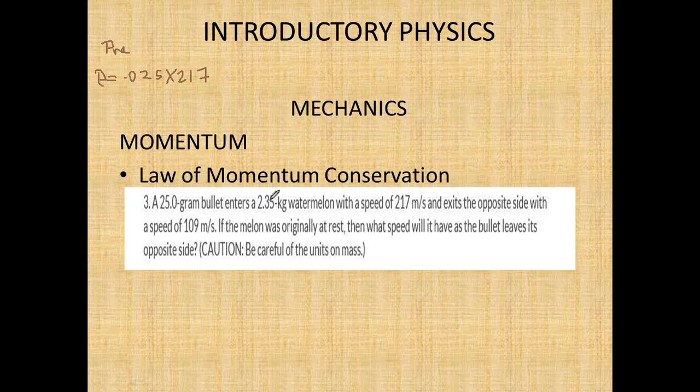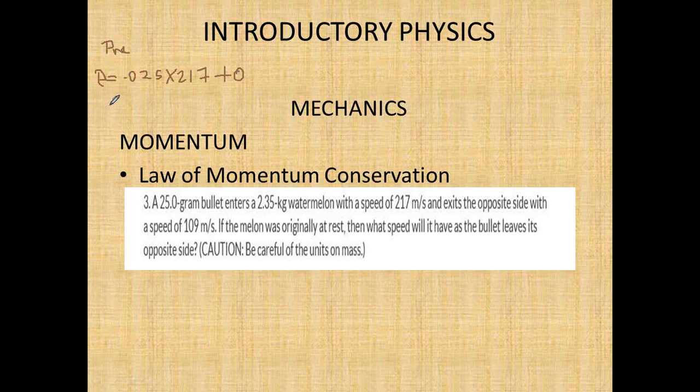You now have to add to that the momentum of the watermelon. The watermelon has a mass of 2.3 kilograms, but it was at rest. So mass times velocity, velocity is 0, so you're going to add 0. This is the momentum of the watermelon.